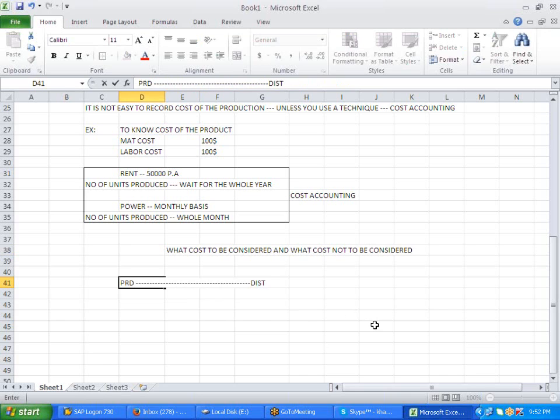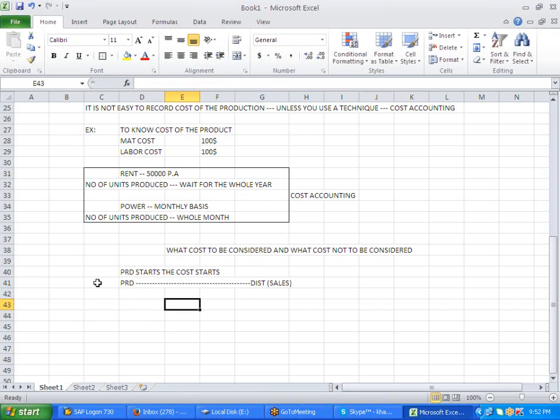The distribution is nothing but sales, right? From production till distribution, the moment the production starts, the cost starts.